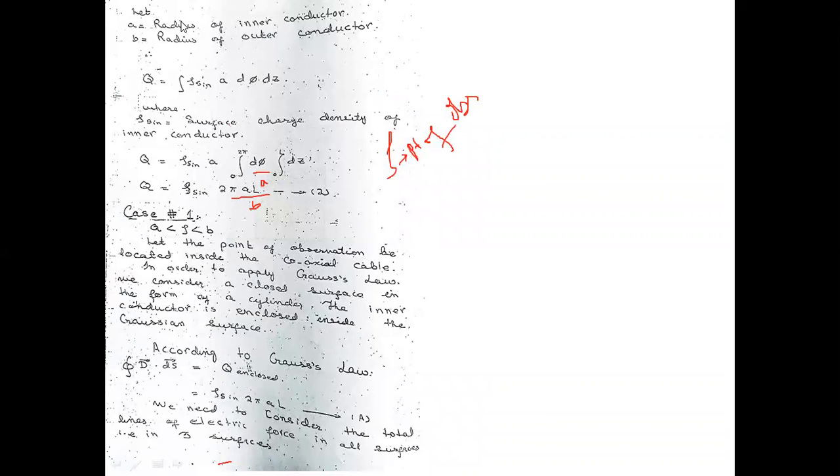a is the radius of the inner conductor and b is the radius of the outer conductor. We will use rho_s, the surface charge density, with subscript in for the inner conductor, and out for the outer conductor. So applying Q is equal to rho_S,in times the differential surface a dphi dz.